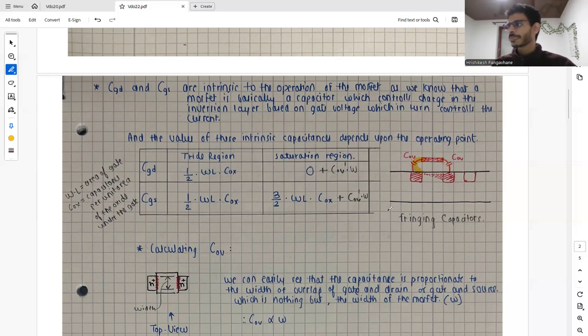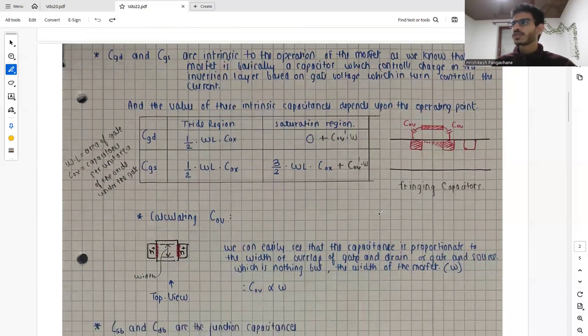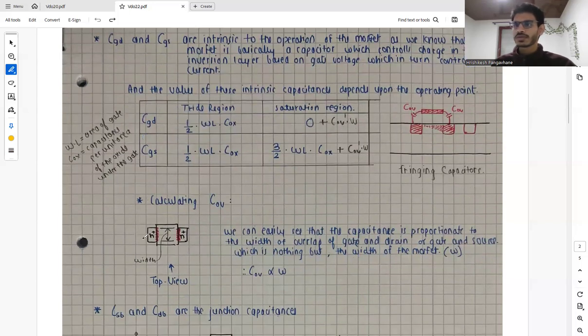If we want to calculate COV, the capacitance due to overlap, we have the structure of our MOSFET, where this is the width of the MOSFET, and this is the top view. We can easily see that the capacitance is proportional to the width of the overlap of gate and drain or gate and source, which is nothing but the width of the MOSFET. So C overlap is directly proportional to the width of the MOSFET.